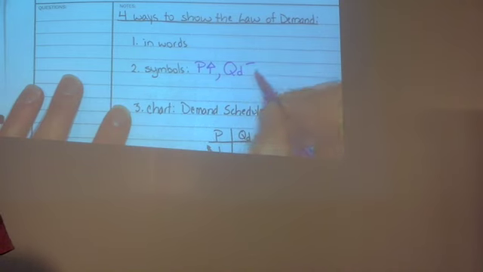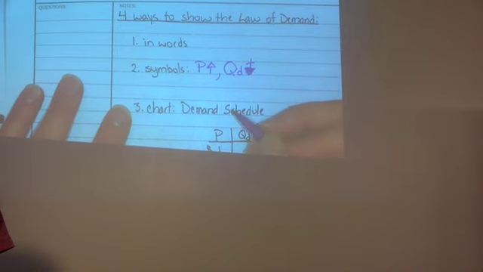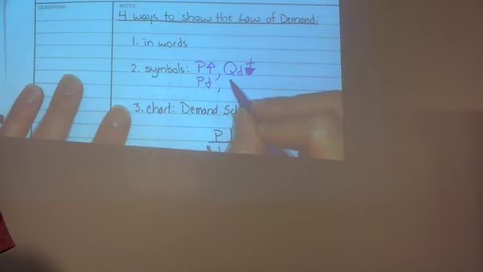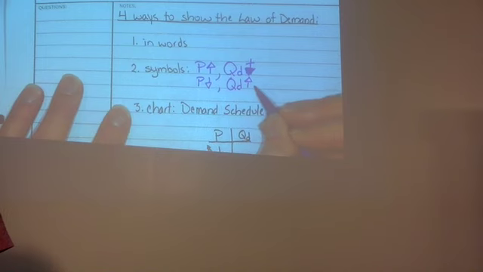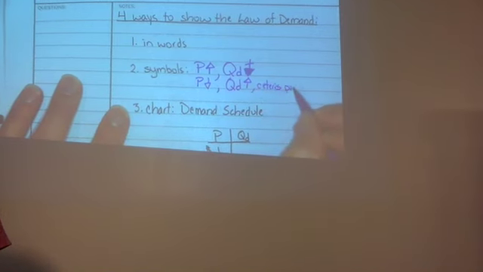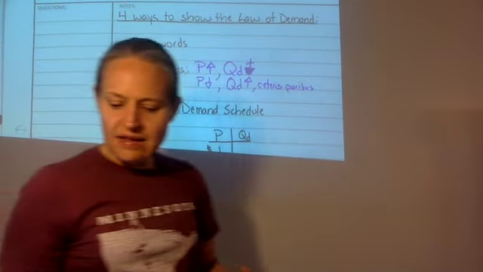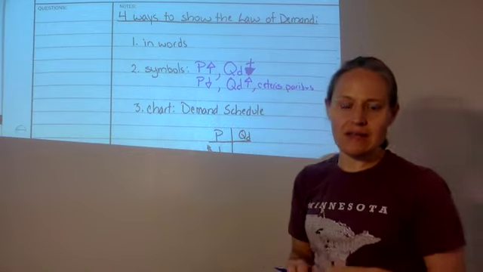So P, up arrow, comma, capital Q, small d, down arrow. Whoops, I screwed up the arrow. And then below that, P, down arrow, comma, capital Q, small d, up arrow, comma, ceteris paribus. Okay. That is the law of demand in symbols.